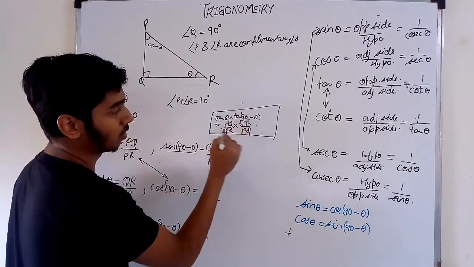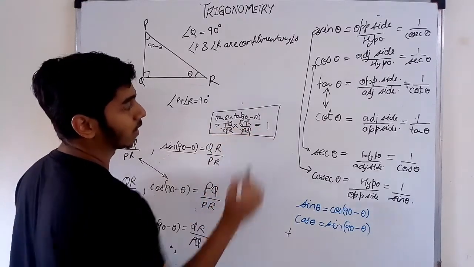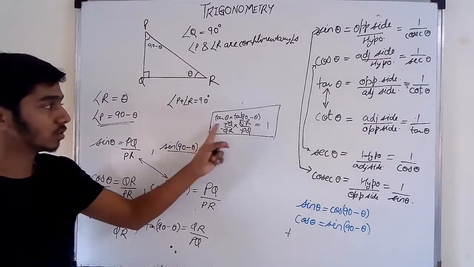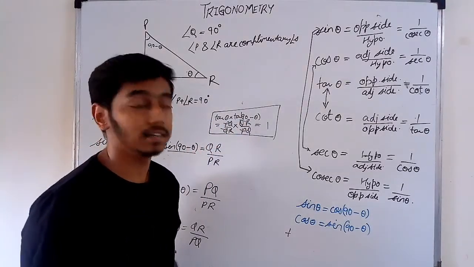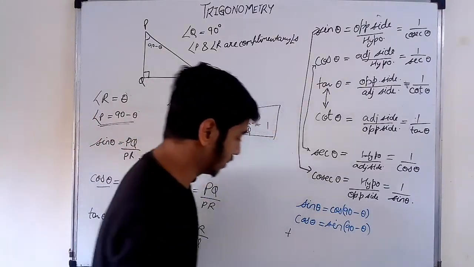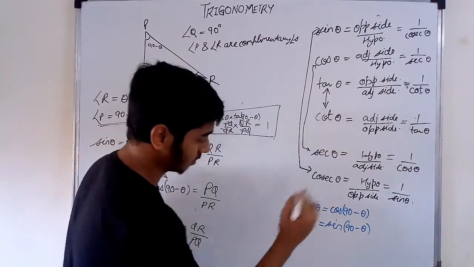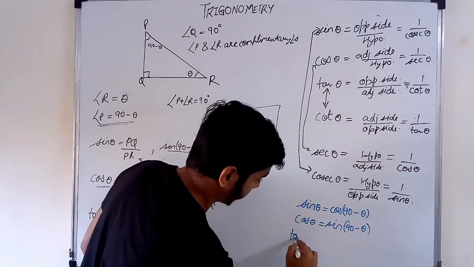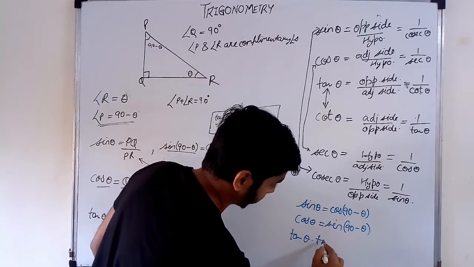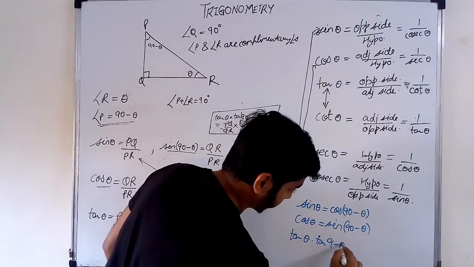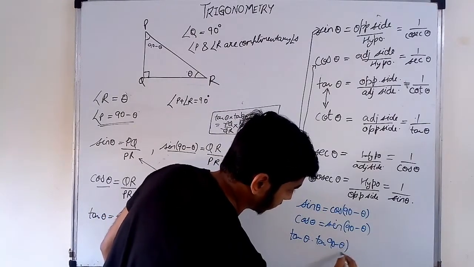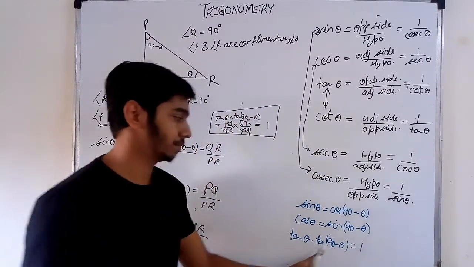See, QR gone, PQ gone, equal to 1. Yes or no? So tan theta into tan 90 minus theta is equal to 1.